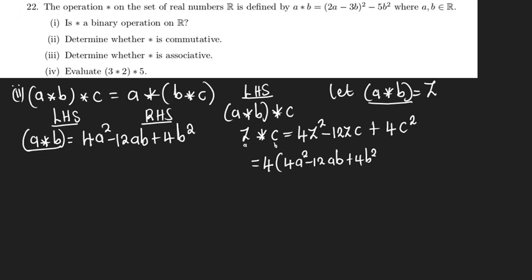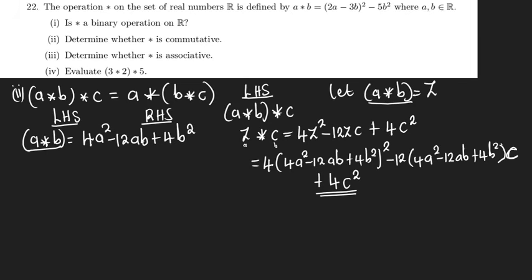Then remember that Z was to the power 2, so I can put my power 2 there, minus 12, then open bracket, Z is simply 4A power 2 minus 12AB, then plus 4B power 2. Then we are multiplying with C, so multiplied by C, and then plus 4C power 2. So this is what we are getting on the left hand side.